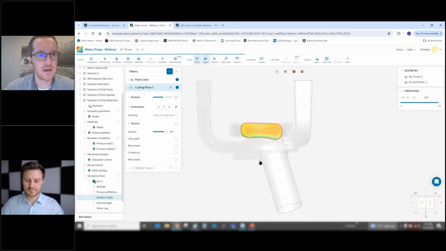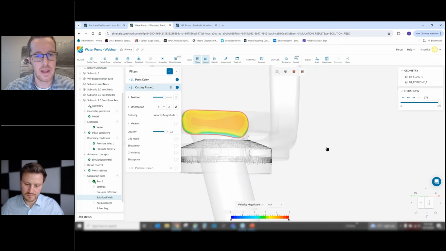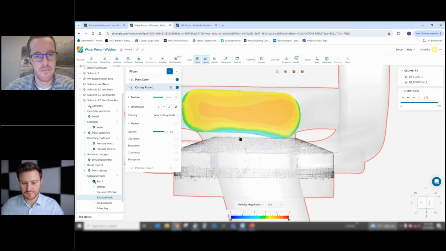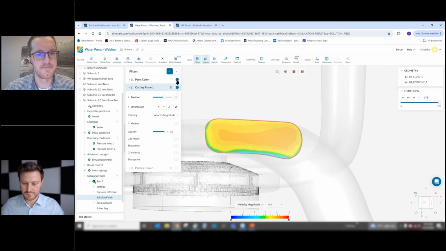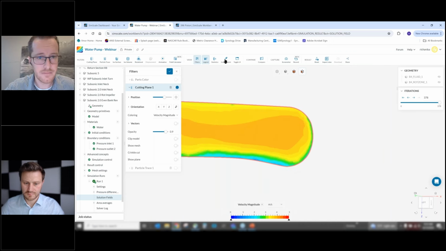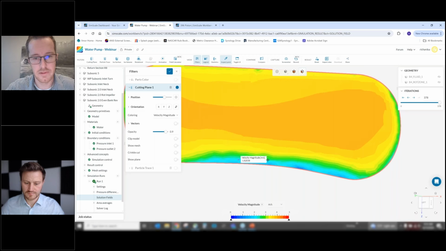So here was a final revision of it, where we have a very improved bit of geometry around the backside of that bend. As we mentioned a moment ago, our flow rate down in this area was sub 0.1 meters per second.